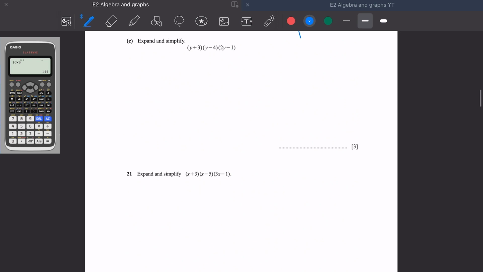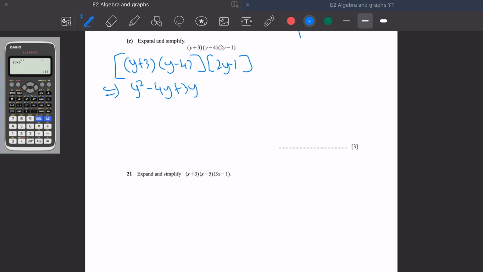Next question is y plus 3 into y minus 4 into 2y minus 1. So you get y squared minus 4y plus 3y minus 12 into 2y minus 1.